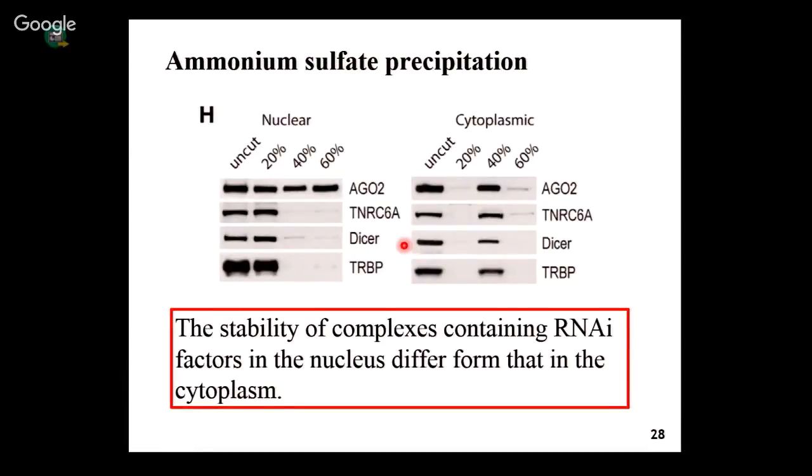All these results demonstrate that nuclear RNA factors can form a multi-protein RISC-like complex, and the characteristics are a little bit different from that in the cytoplasm.